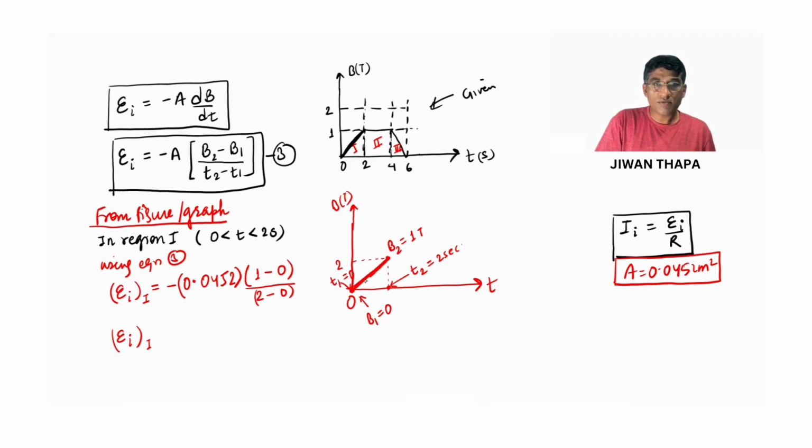So the induced EMF for this region, for this interval of time, equals minus 0.0452 divided by 2. So let's find this.